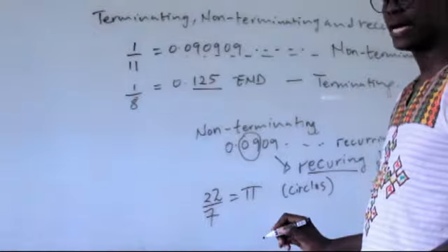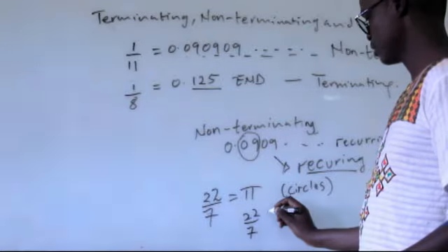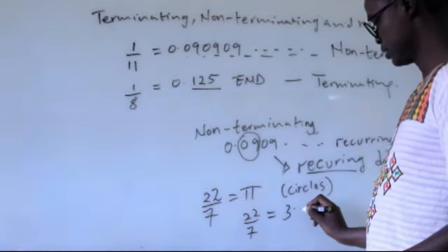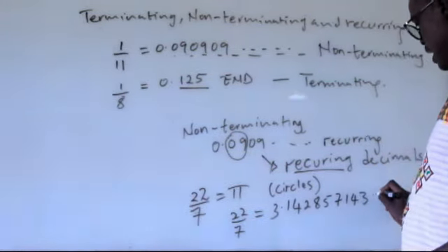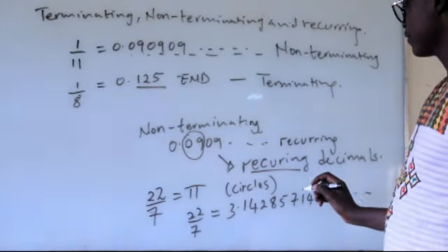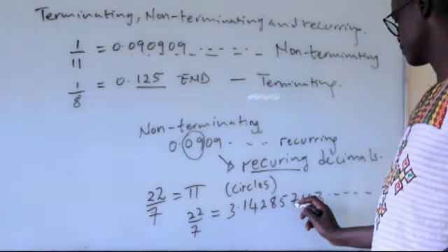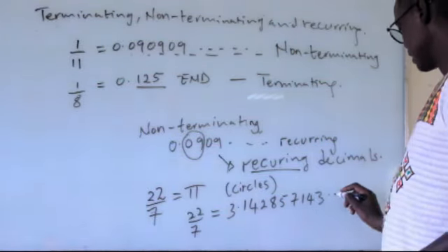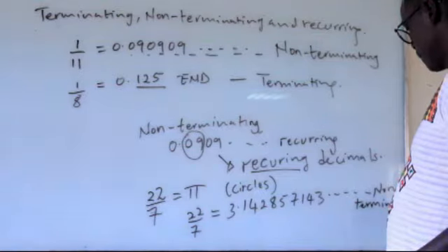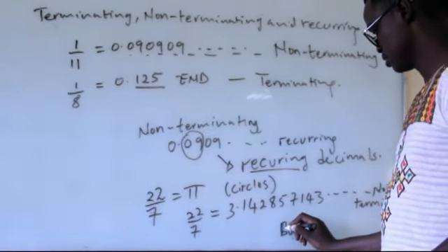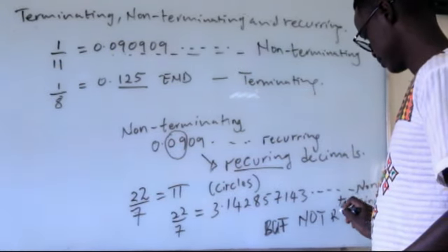So 22/7 equals 3.142857 and other values. So we realize that here we have 142857143. It is non-terminating, but not recurring.